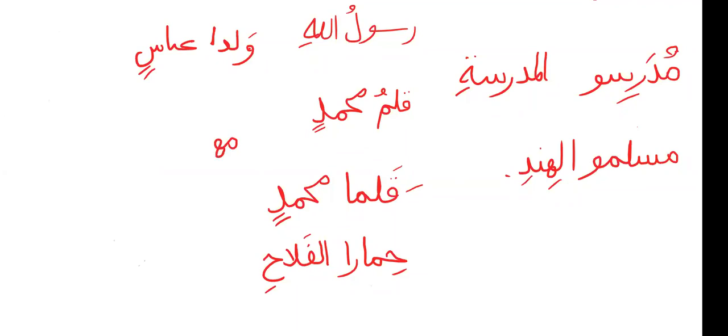What's the word for engineer? مهندس. Muhandisu. What's the word for company? الشركة. Muhandisu sharikati.